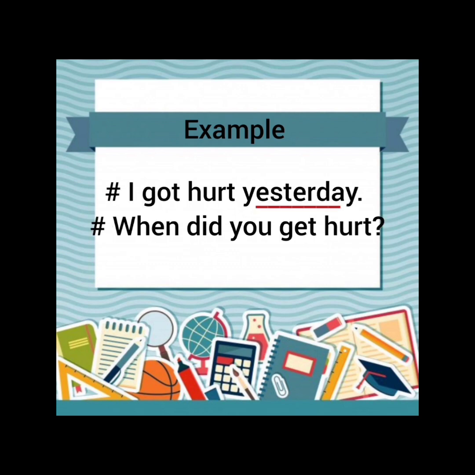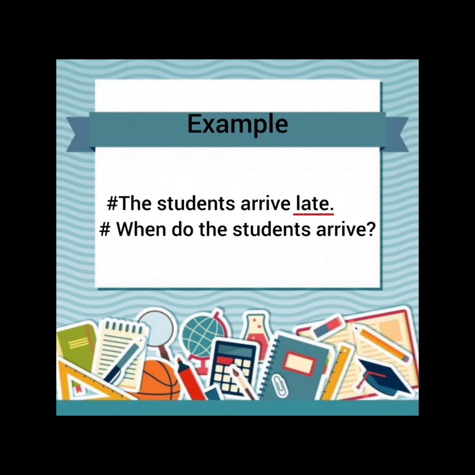I got hurt yesterday. I is the subject, got is used as a verb, and yesterday is used to modify when did you get hurt. The students arrive late. The students is the subject, arrive is an action, and late is the modification of the action, that is, when do the students arrive?